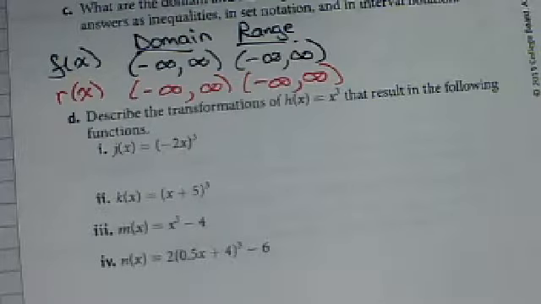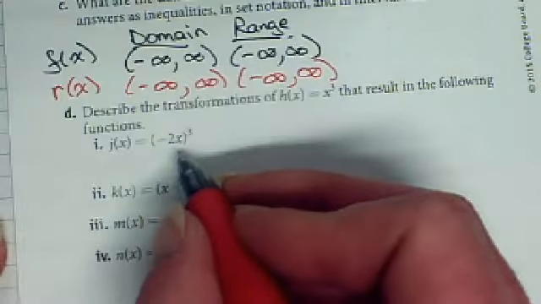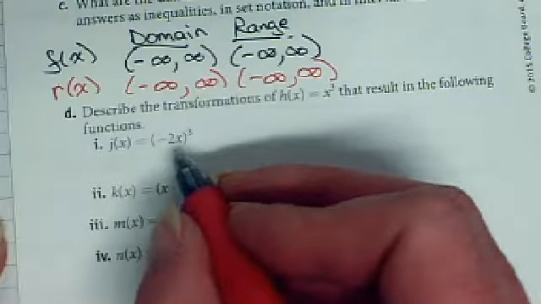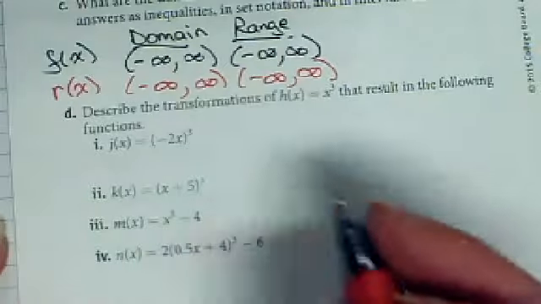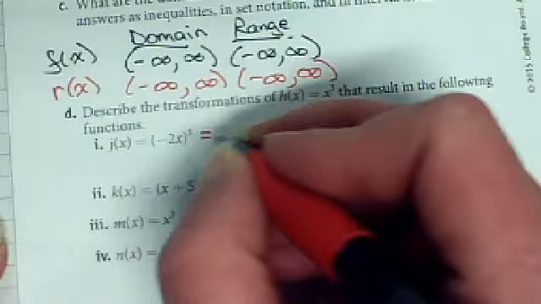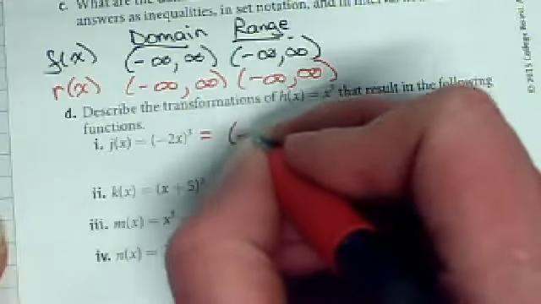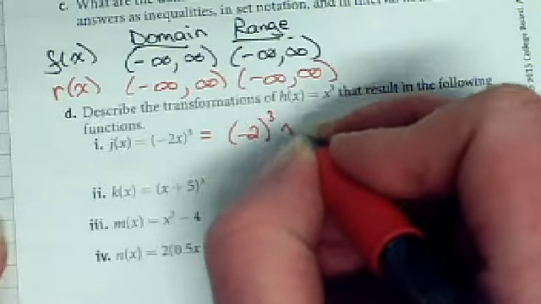So let's look at some transformations, and we're looking at x cubed first. What would be the transformation that applies here? Again, I really don't like dealing with horizontal stretches and shrinks. How about let's rewrite that? Isn't that really like taking -2 cubed and x cubed?